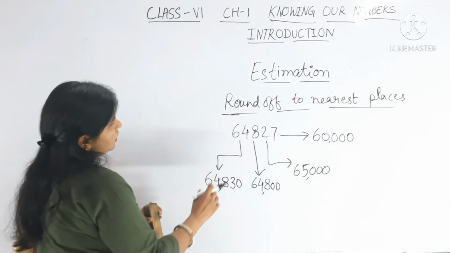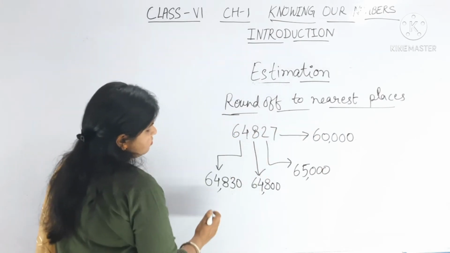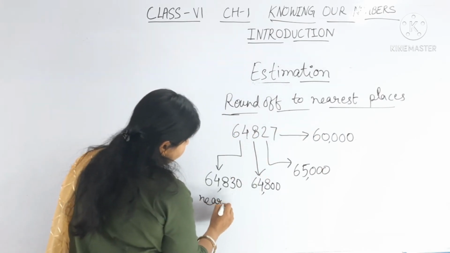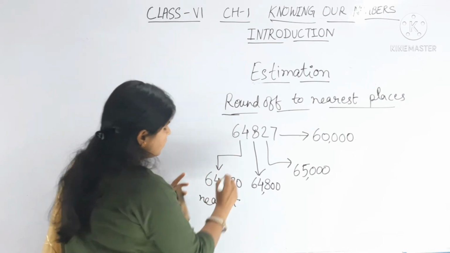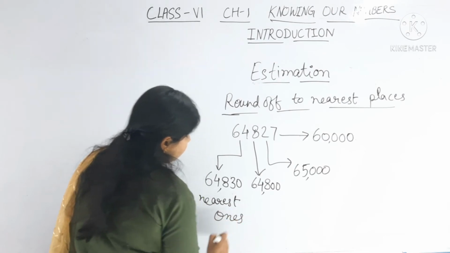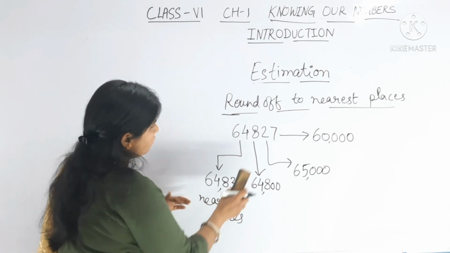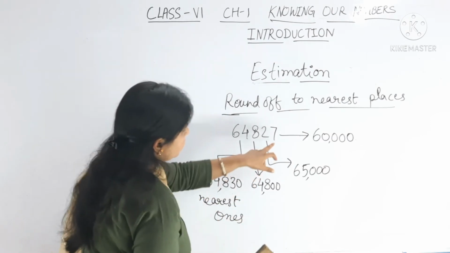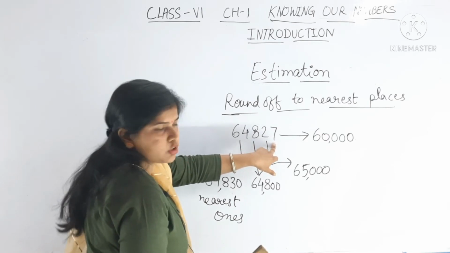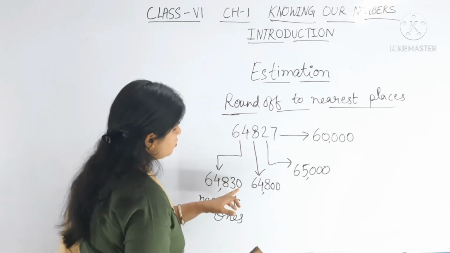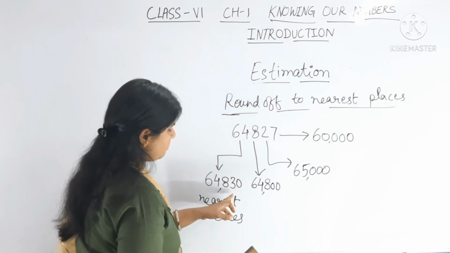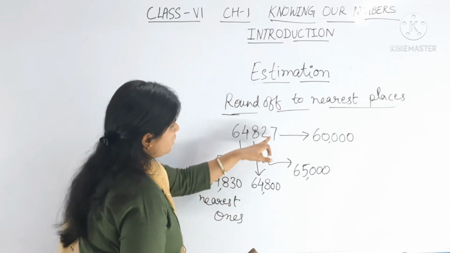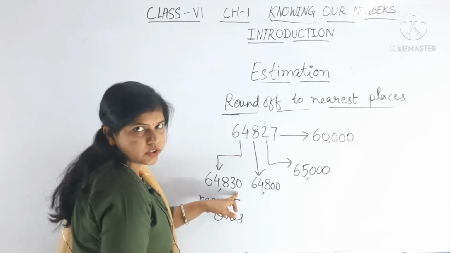So round off to the nearest places means if for this question they ask for the nearest ones, what we will see is that here is 7. So for 7 we have to change to 10. So 2 will be replaced with 3 and for 7 we will get 0, right?